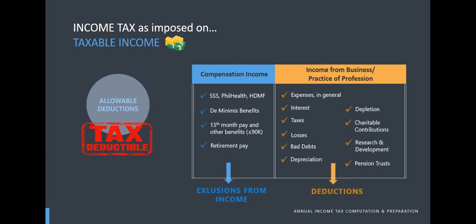So by nature, under the compensation income, the exclusions from the income are gross income by nature. It just so happened that they are not taxable, while those that are enumerated below the income from business or practice of profession are deductions by nature or expenses which is subject to provisions of tax deductibility.